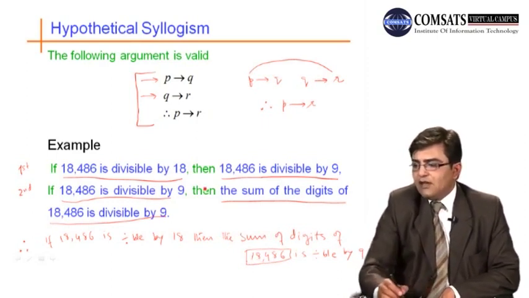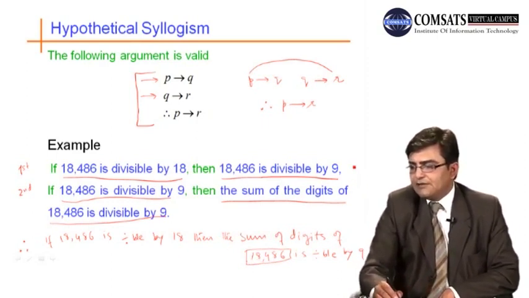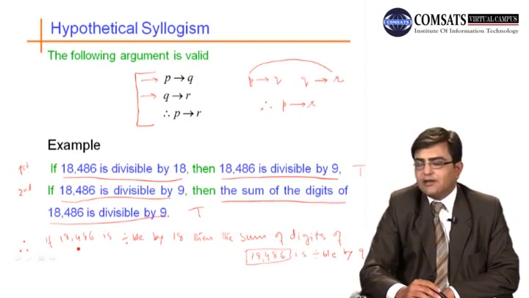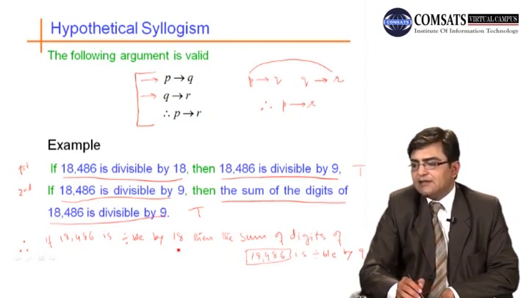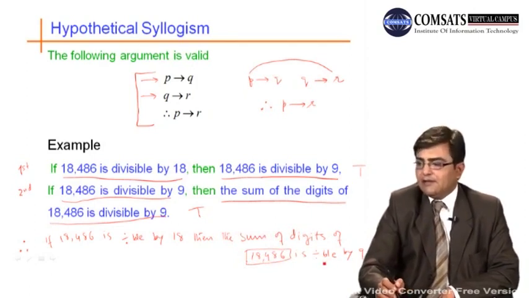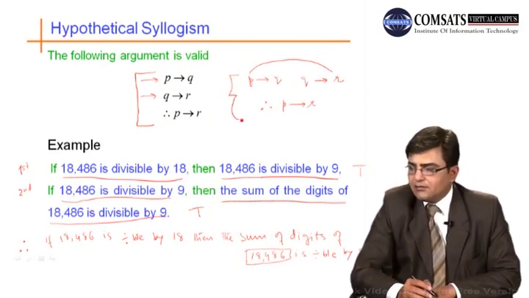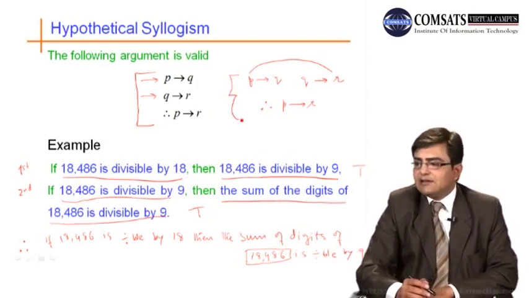So if the first premise is true and the second premise is true, we can conclude here that if 18,486 is divisible by 18, then the sum of digits of this number is also divisible by 9. So we can conclude this by using this argument. This argument is called hypothetical syllogism.